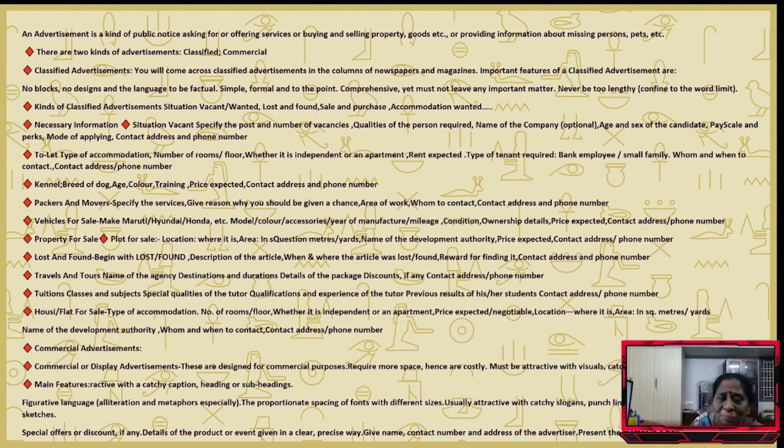Clear? So in commercial advertisements, you also say if there are any special offers or discounts. If such things are there, then of course you give the detail of the project and give clear information. Then finally you give your address and the contact detail.